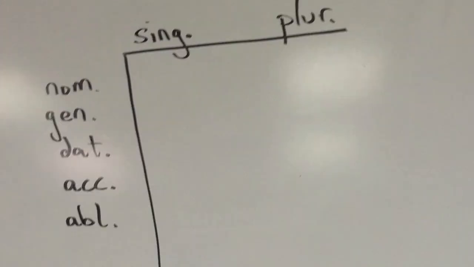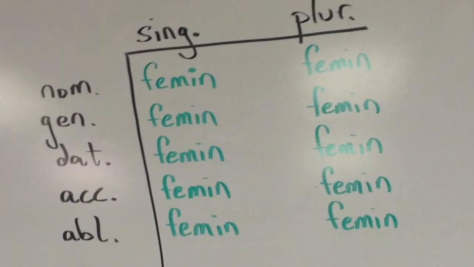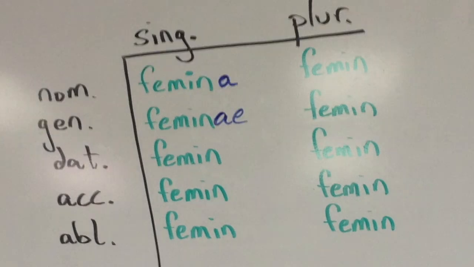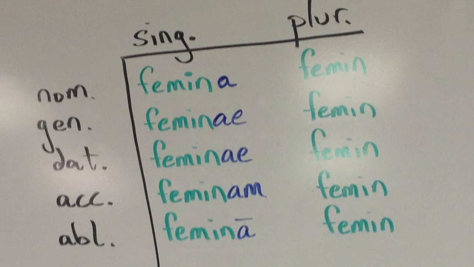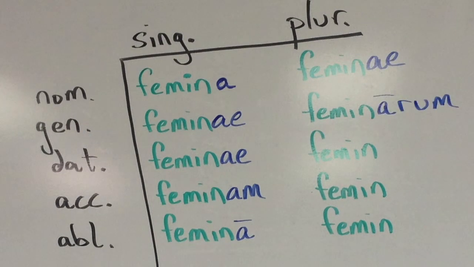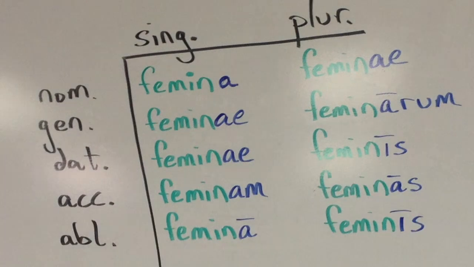Then, we'll fill in a new chart with femin all the way down. Once we've done that, we'll attach the endings from our first declension endings chart, and so we'll get femina, feminae, feminae, feminam, femina, and then in the plural we'll get feminae, feminarum, feminis, feminas, feminis.